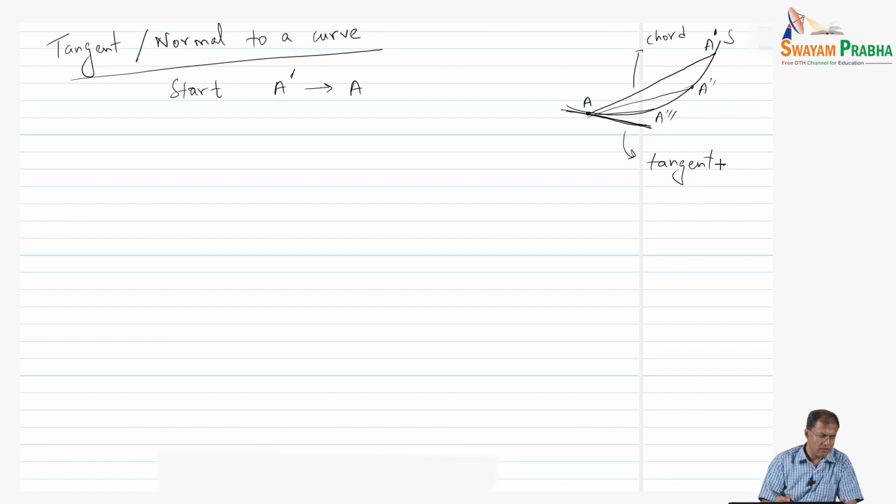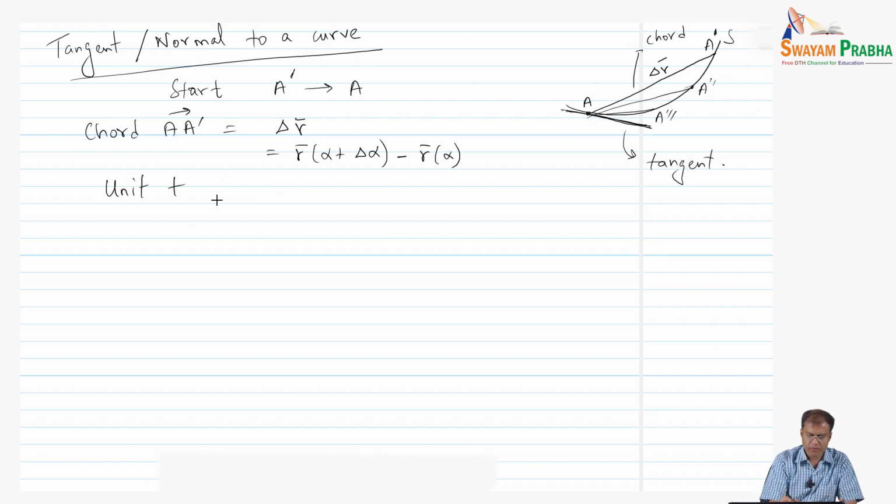So suppose we have a chord AA prime, and let us call this delta R. So this is R at alpha plus delta alpha minus R at alpha, the chord AA prime, and we see that the unit tangent defined from this chord is going to be a vector.